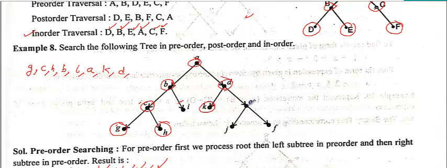Then when you move to E, you cannot do the right, first you will visit the left, J, then root E, then right. So this is the process of in order.